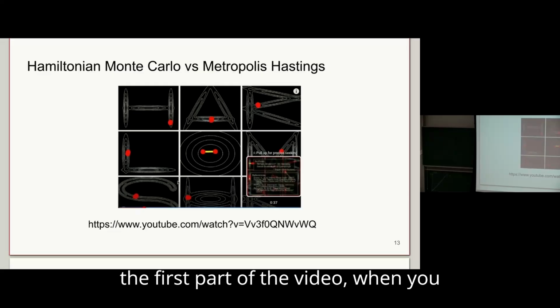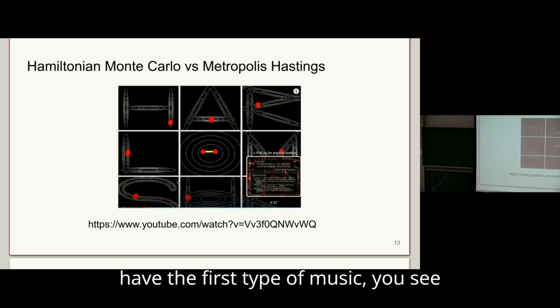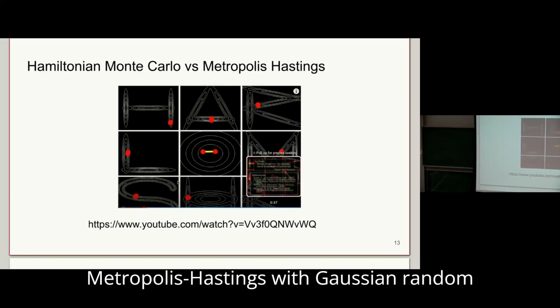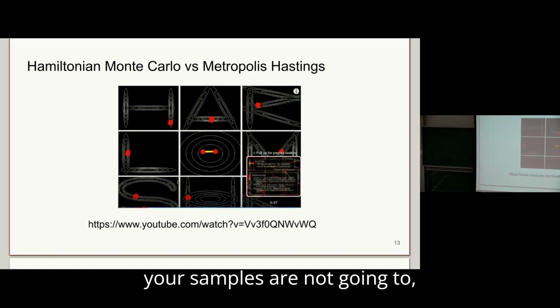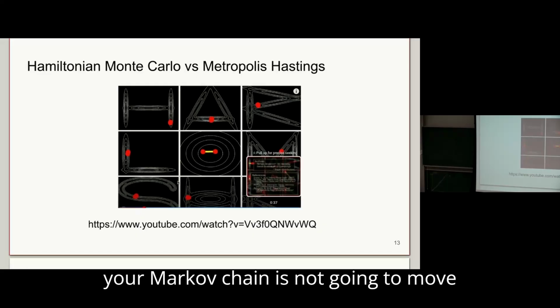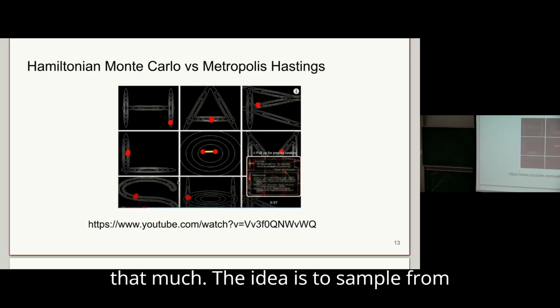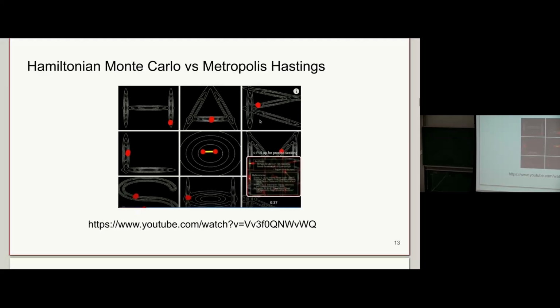In the first part of the video, when you have the first type of music, you see Metropolis Hastings with Gaussian random walk proposals, and you will see that your Markov chain is not going to move that much, okay? The idea is to sample from these probability distributions that are kind of the letters of Harlem Shake.